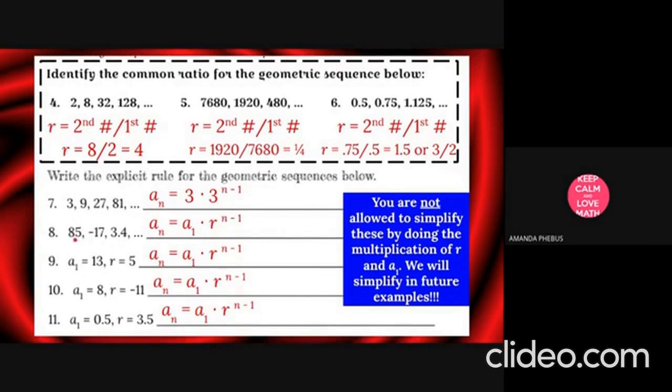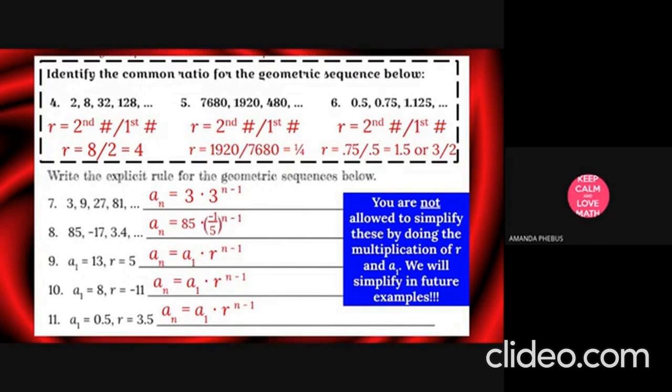All right, let's look at number 8. The first term is 85, so I'm going to replace a sub 1 with 85. And then here I might have some difficulty, so if I take negative 17 and divide it by 85, I get negative 1/5. Now, this is a rule of thumb just to kind of help you notation-wise. If your r is negative, you definitely want to wrap it in parentheses.